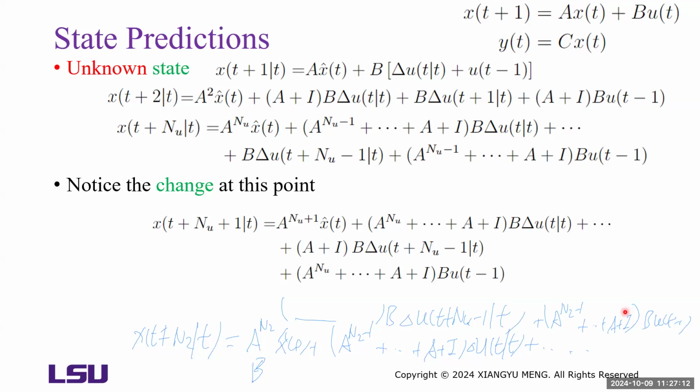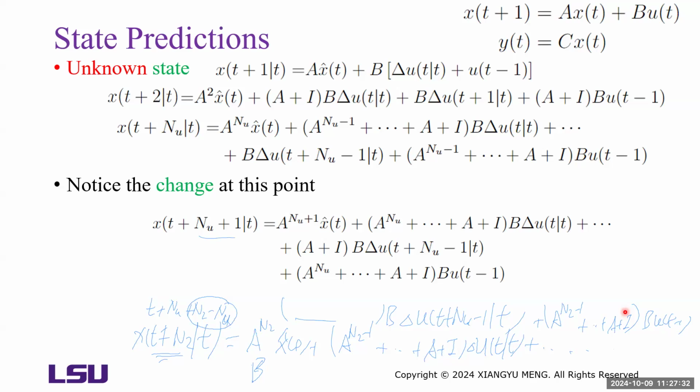We can write this t plus nu similar to that: t plus nu plus n2 minus nu, so t plus n2 minus nu.